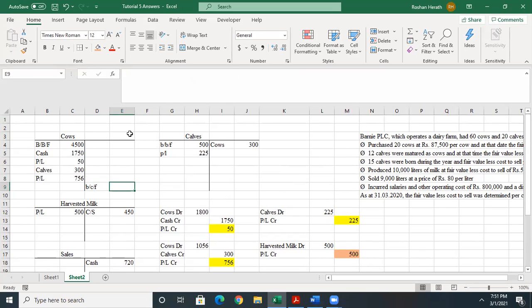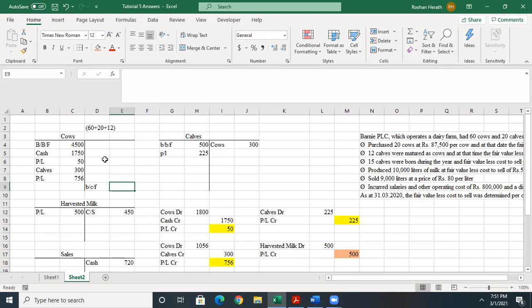So initially, now we need to do a simple working. Initially, there were 60 cows. Then 20 were purchased. Then 12 became mature. Yes, this is how many cows there are. Now you can see the amount of cows over there.